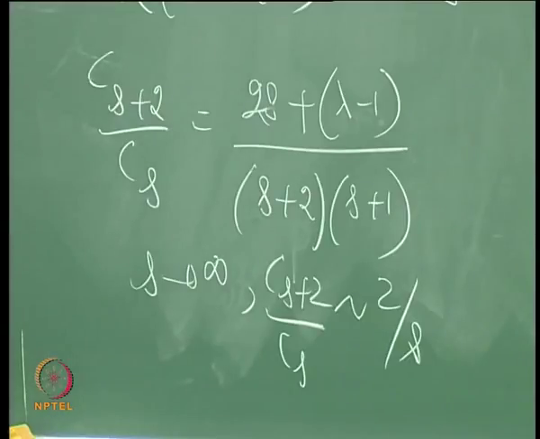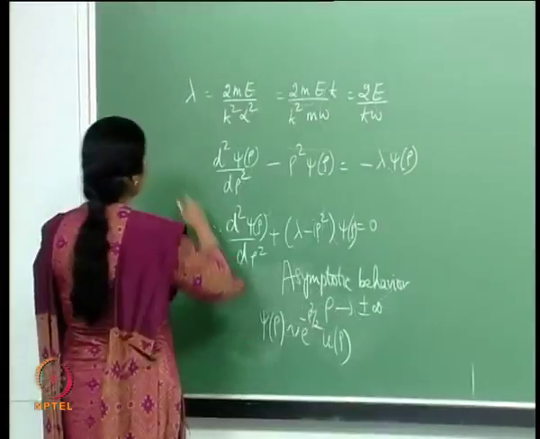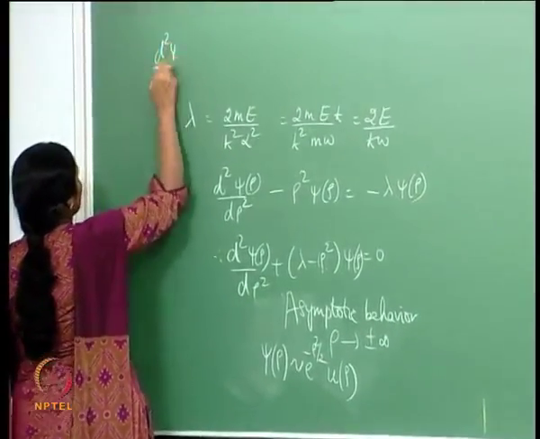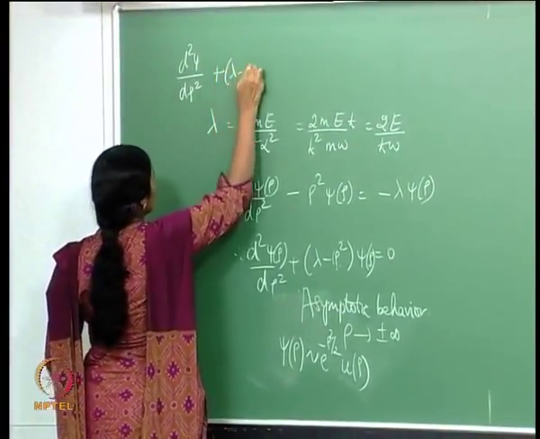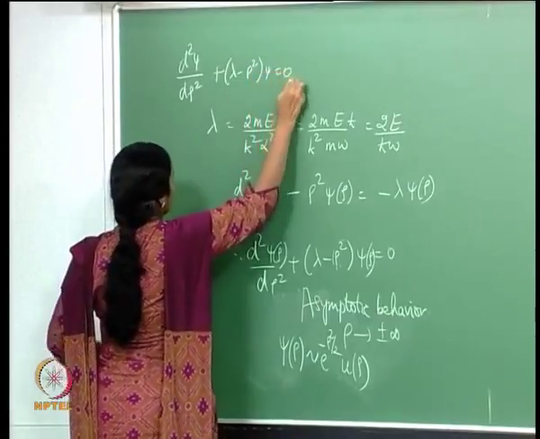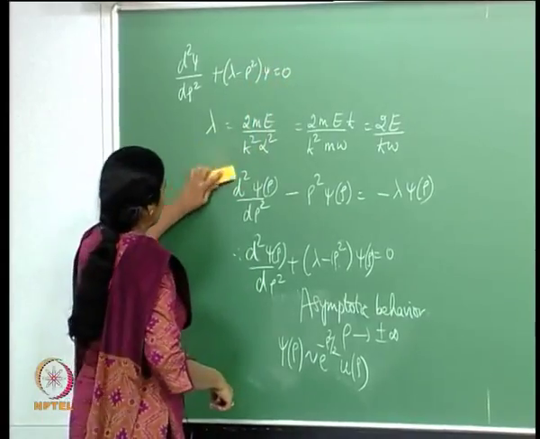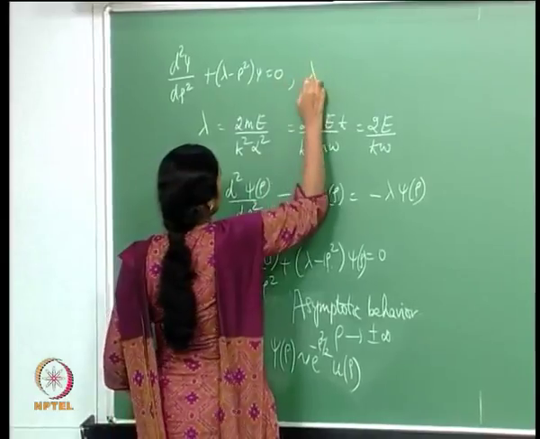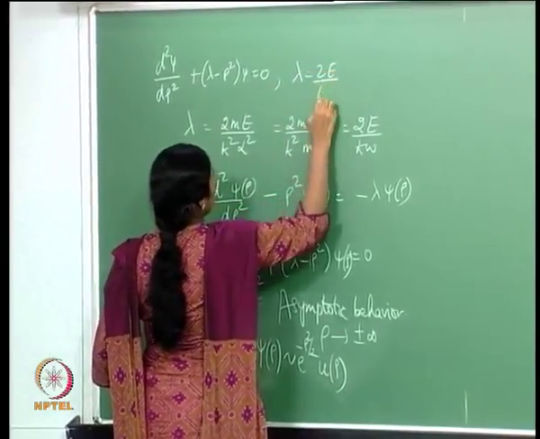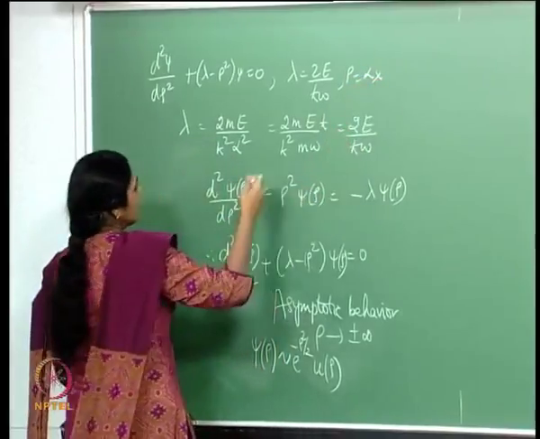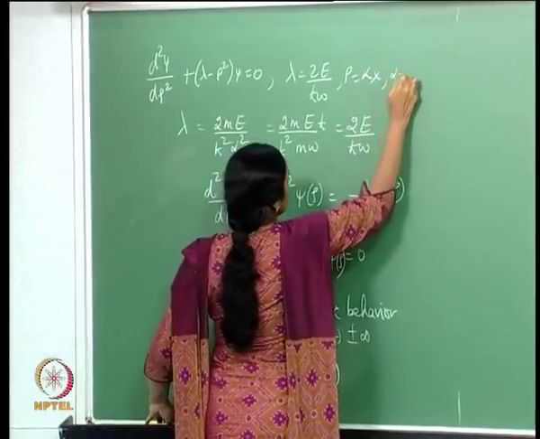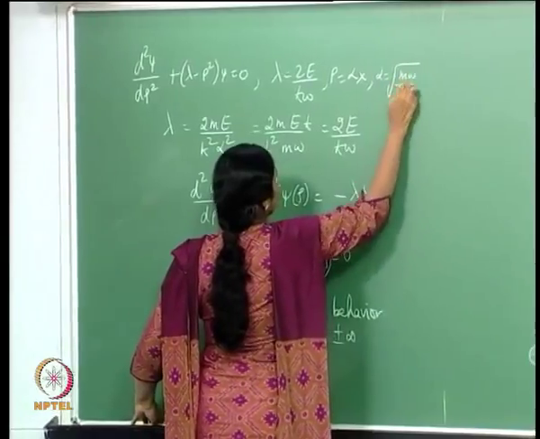If I expand e to the rho squared, maybe it is good to put down this equation somewhere: d2 psi by d rho squared plus lambda minus rho squared psi equals 0. And lambda was 2E by h cross omega, and rho was alpha x. Alpha itself was the root of m omega by h cross.